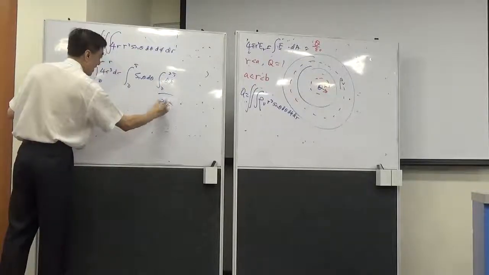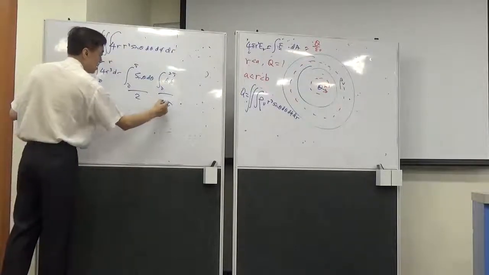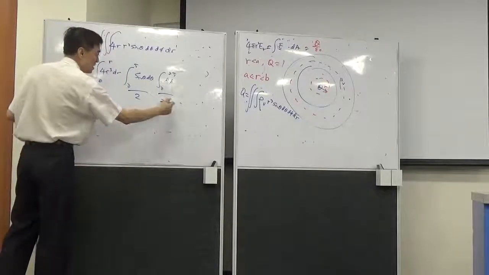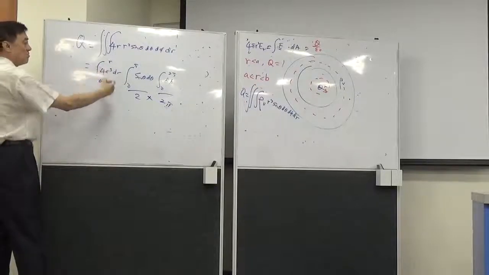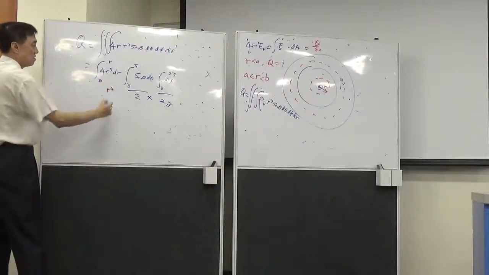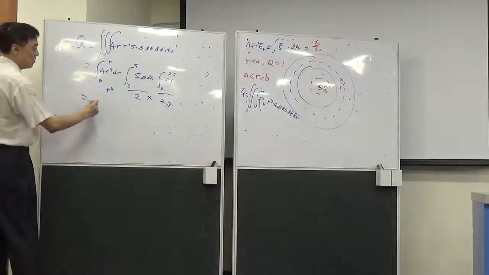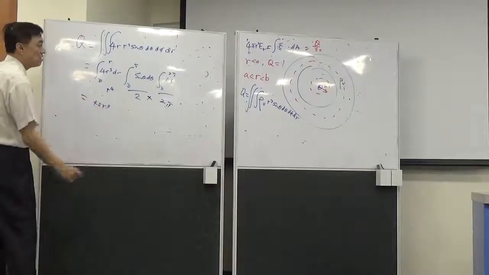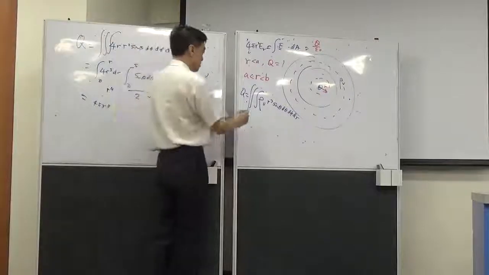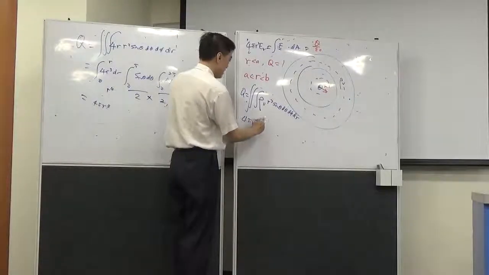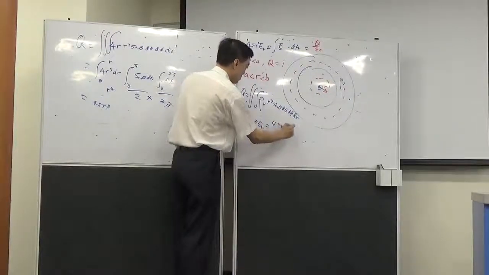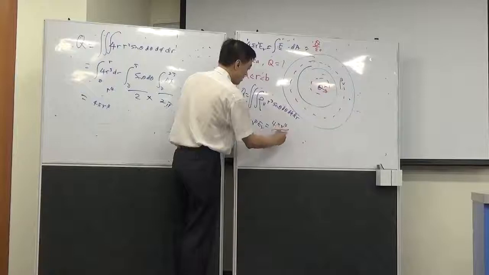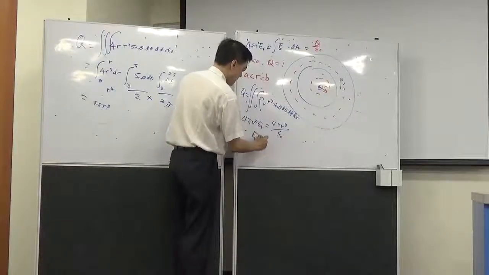This one gives you 2 pi, this one gives you 2. Again, so standard. And r cubed becomes r to the fourth. So this is equal to 4 pi r to the fourth. So 4 pi r squared E_r is equal to 4 pi r to the fourth over epsilon naught. So E_r is equal to r squared over epsilon naught.